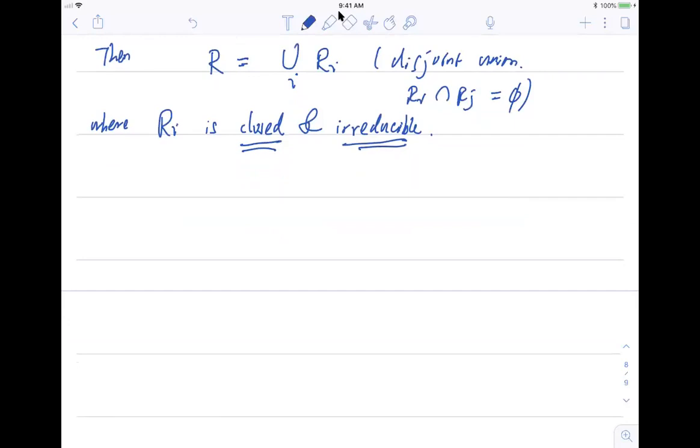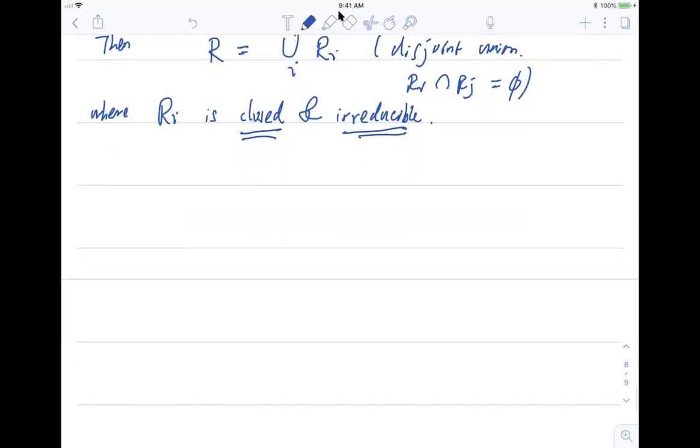Closed basically means that if you start from a point in the closed set, you are always there.